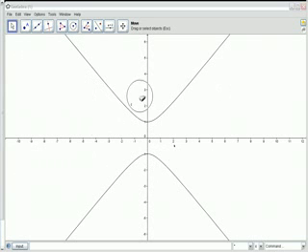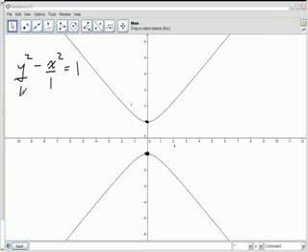Let me erase all of this. I'm going to put those points back in, and I'm going to show you the same equation, just written in a slightly different fashion. x squared over 1, y squared over 1. Same equation, we've just written in the denominator. Now, in this case, a squared equals 1.